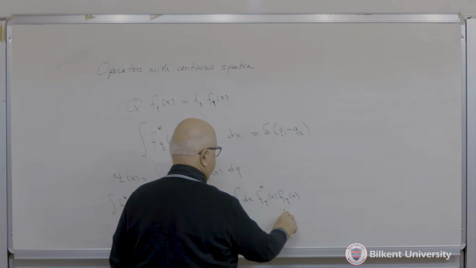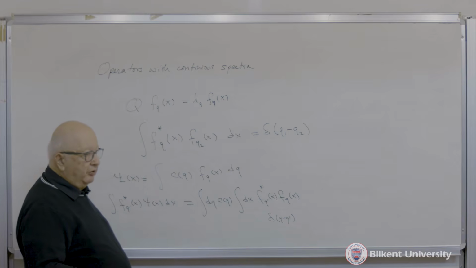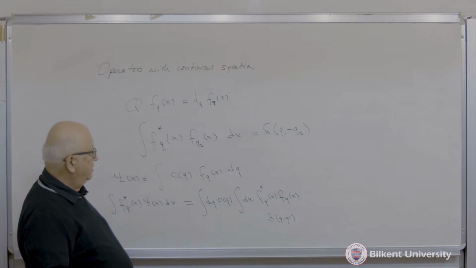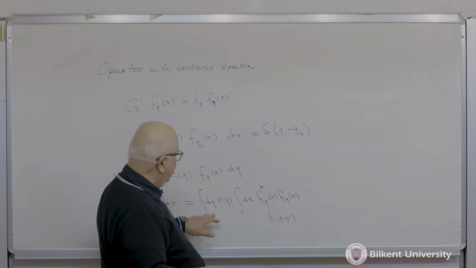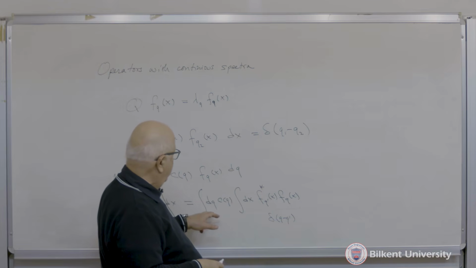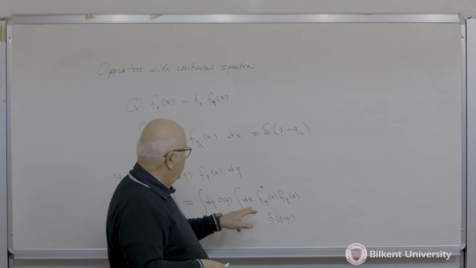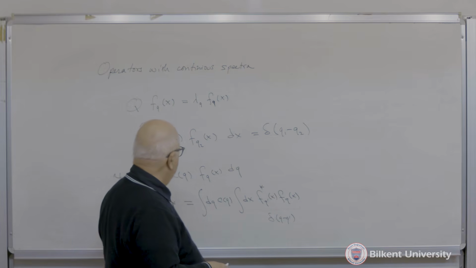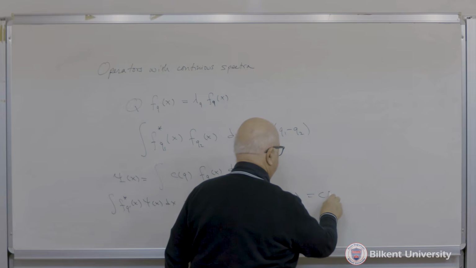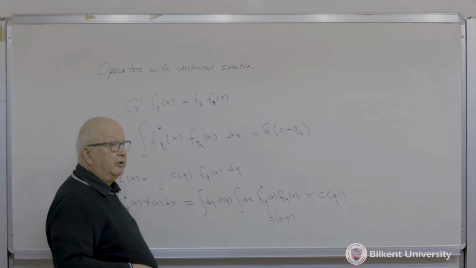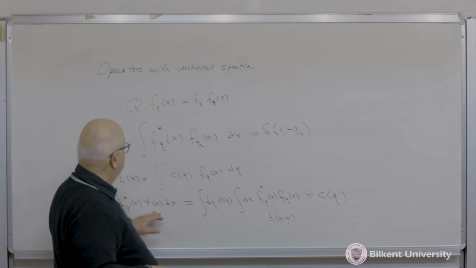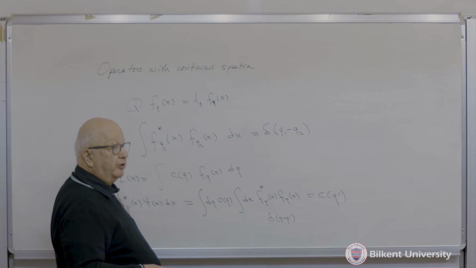And this thing we decided was going to be equal to delta q minus q prime. And again, whenever you get a delta function integral like this, you just remove the remaining integral or one of the remaining integrals and just put in q equal to q prime, okay? So this is going to just give me c of q prime. Okay, so I have determined what the expansion coefficient is going to be.